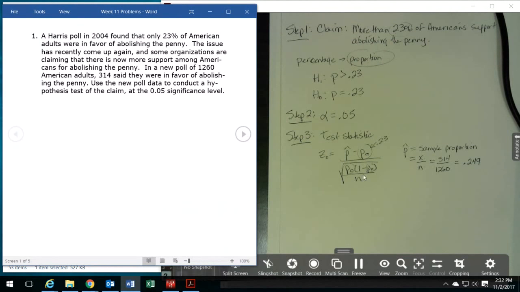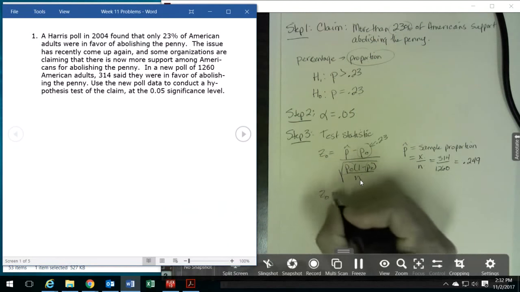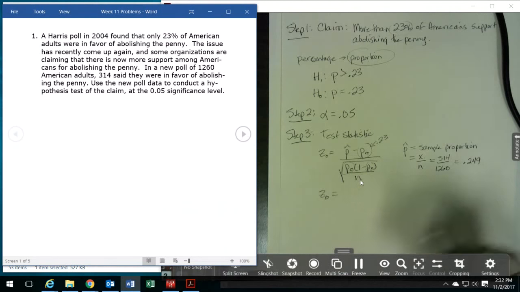Okay, so we have that to put in here, and then the N that we'll put in is the 1,260. That's how many people took the survey. And when you're doing this, go ahead and write down, even though it looks like it might not be important, go ahead and write down the letter that's on this side of the formula, because that's going to tell you later which distribution function to use.